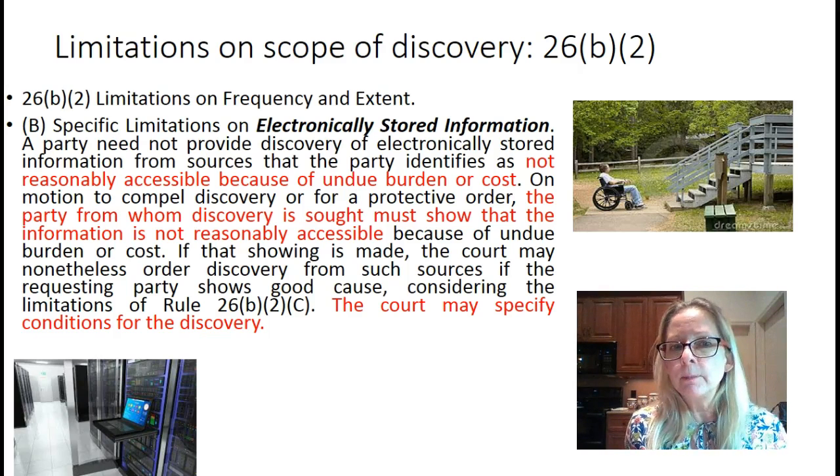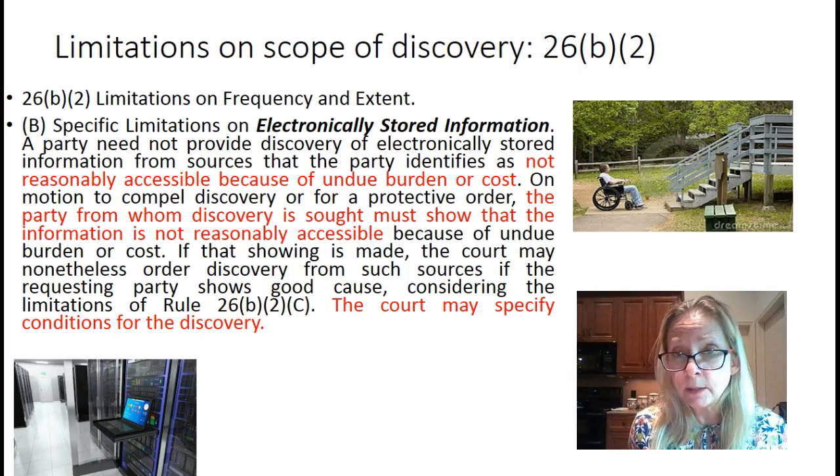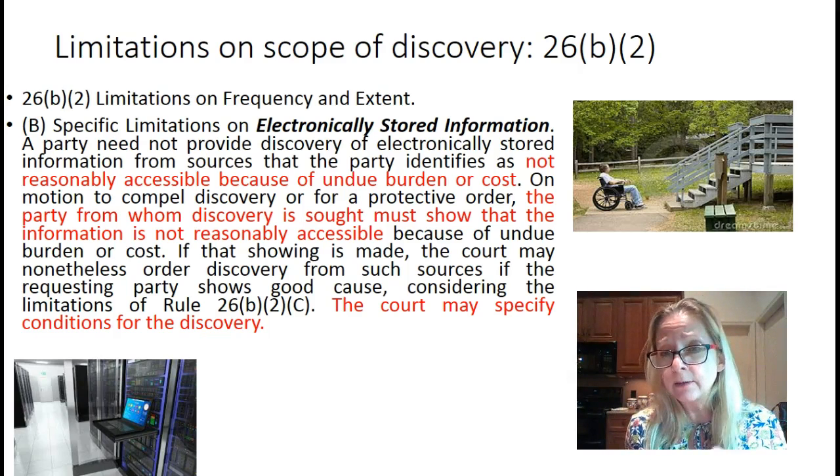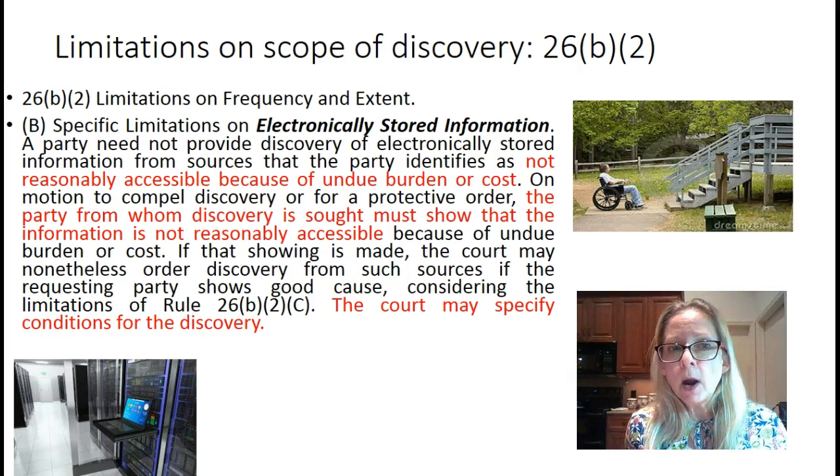Then on a motion to compel discovery by the requesting party or for a protective order by you, the party from whom discovery is sought must show that the information is not reasonably accessible. So the burden is on the one that's claiming it's not reasonably accessible.